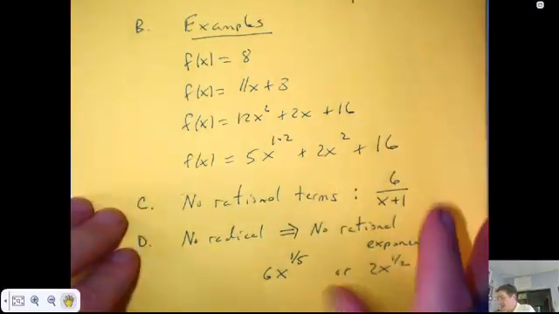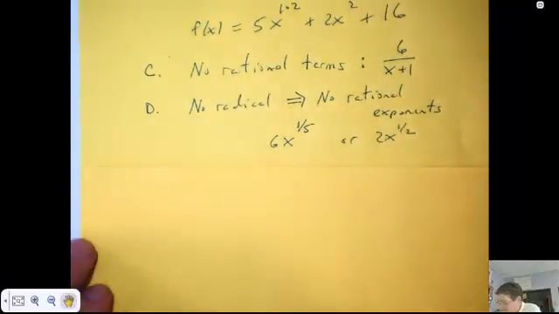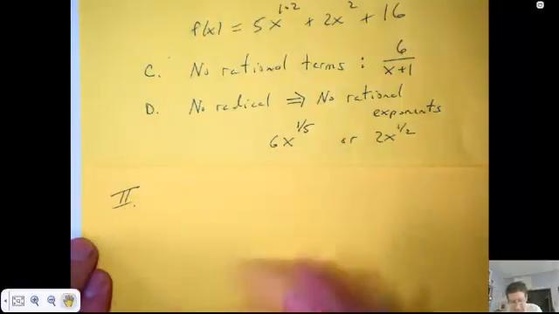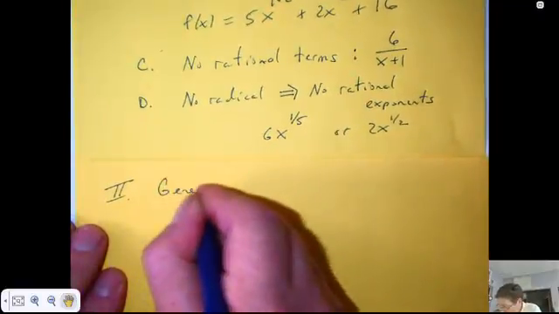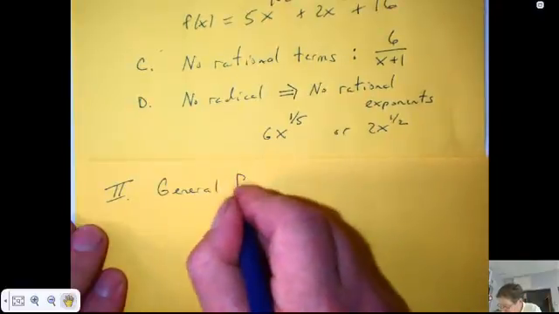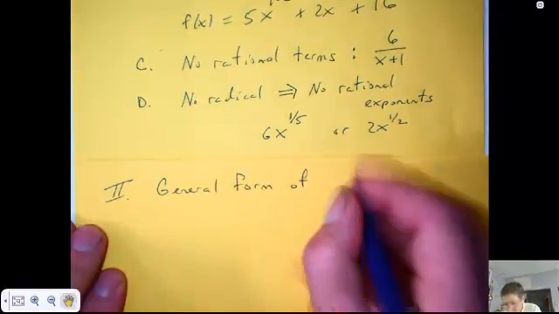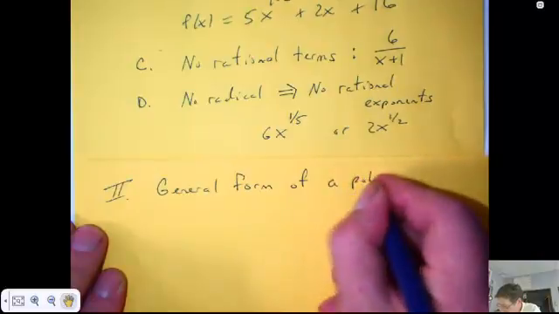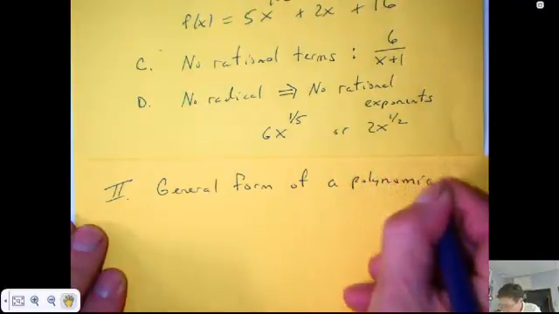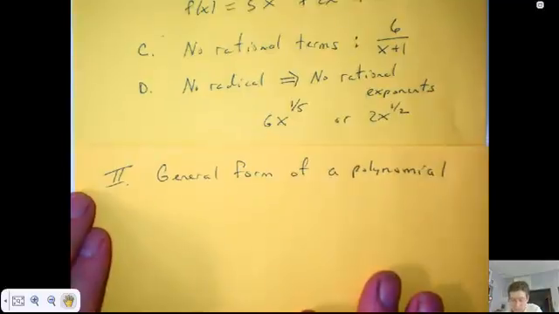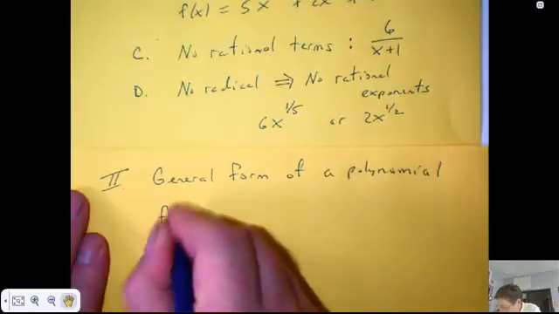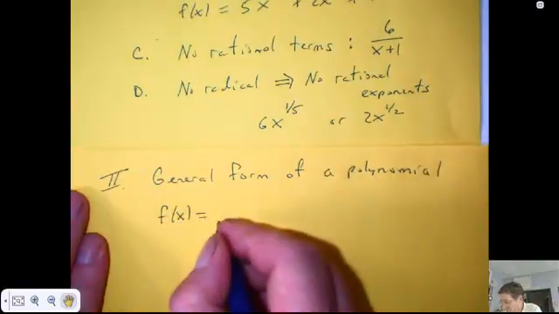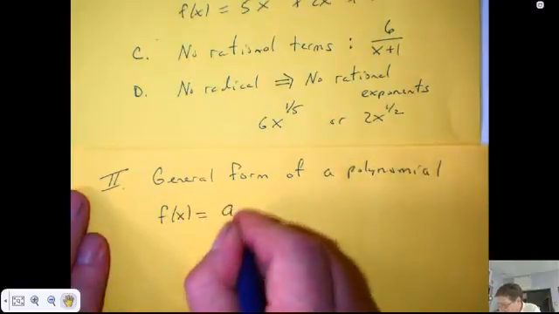So let's review the general form. Again, I think most of this is a review, but we'll probably go a little bit more in depth than you had last year. Okay, so the general form, often written like this, because basically each of these terms has a coefficient. So we use a sub n.